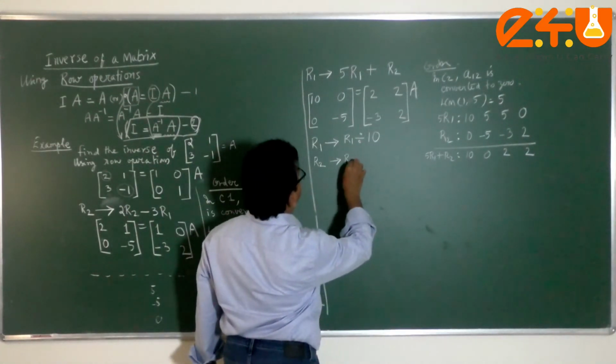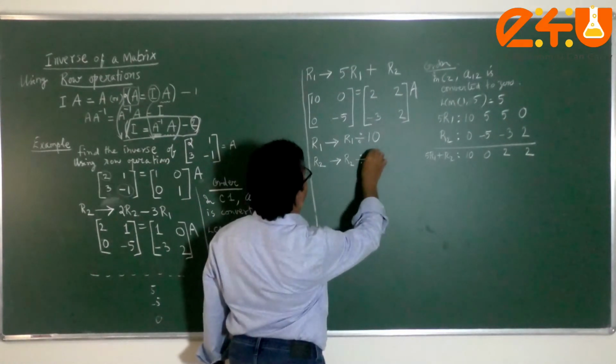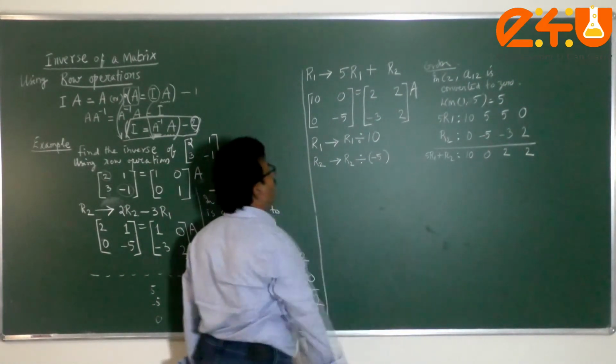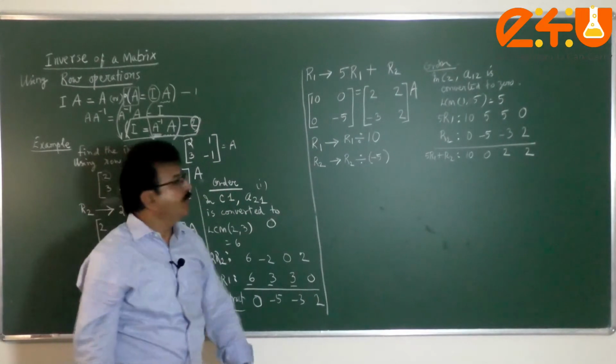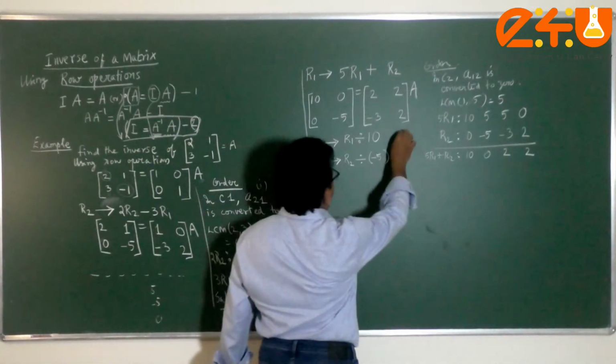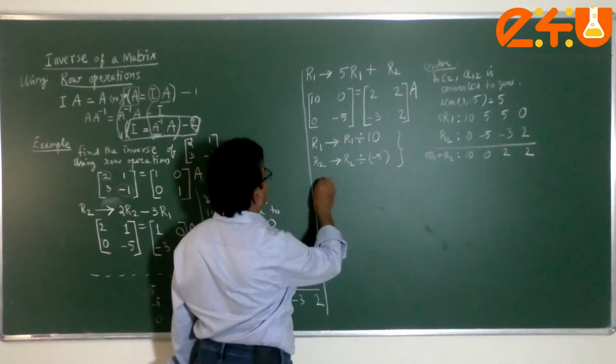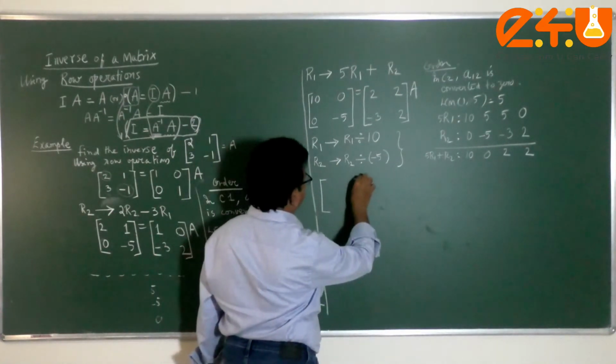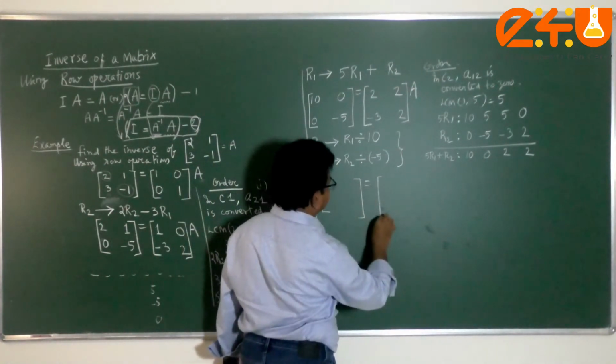So I have to divide every element of row 2 by minus 5. Once I am able to complete this step, I will have A inverse on the RHS.